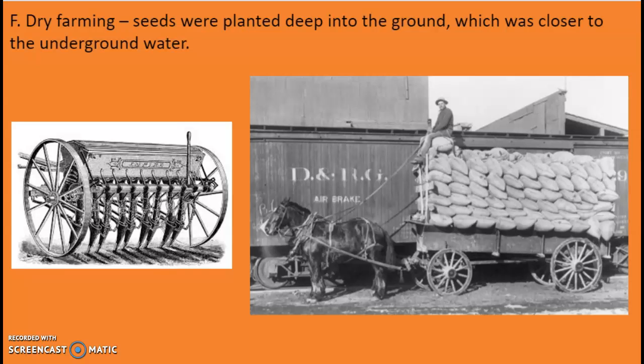And so there was water underground, and that made the soil very good. It's just that things needed to be dug a little deeper. So because of inventions like the one pictured on the left, they were able to plant seeds pretty deep into the ground so that they could get the water that's necessary for them to thrive.